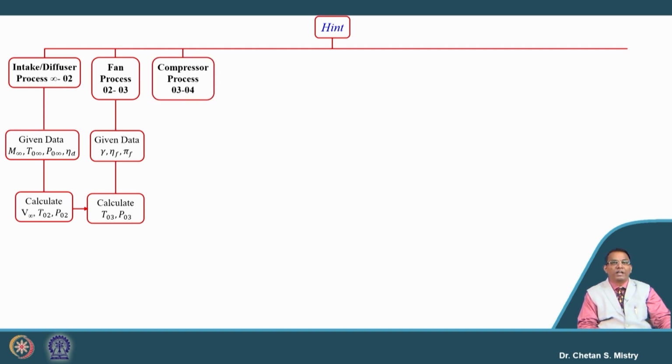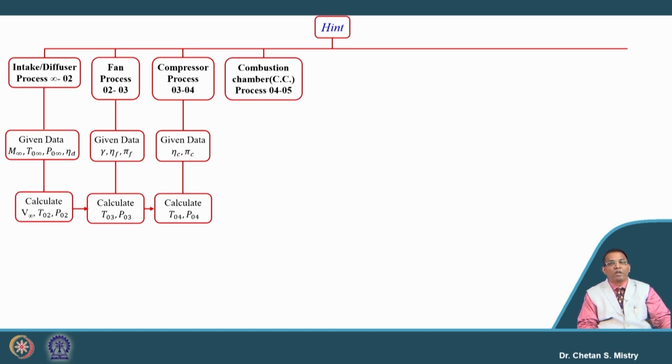Similarly, the next component is our compressor. For this compressor, the compressor efficiency and overall compression ratio are given. So, we can calculate our exit pressure and temperature from this compressor. The next component is the combustion chamber.